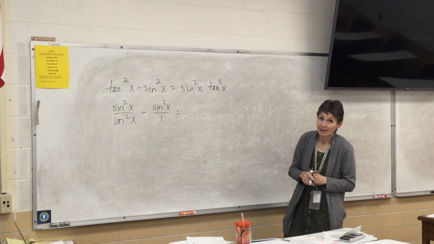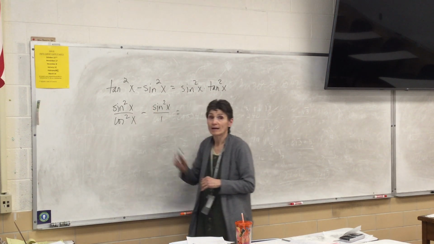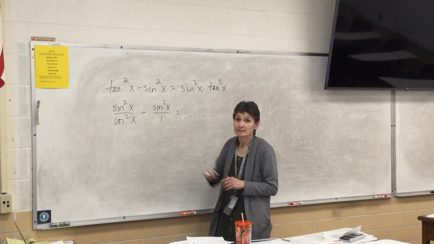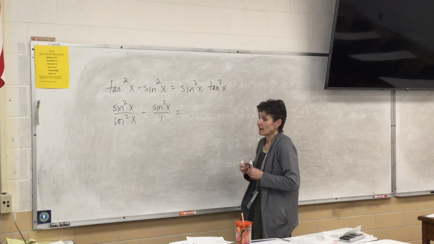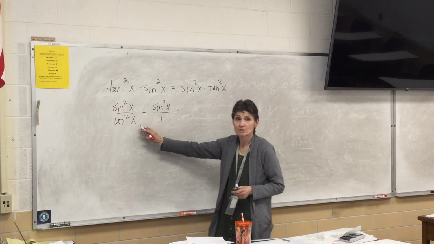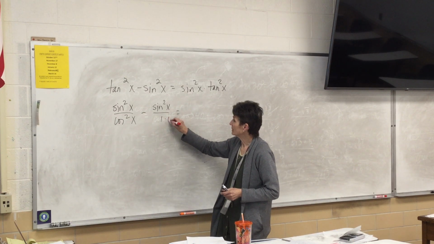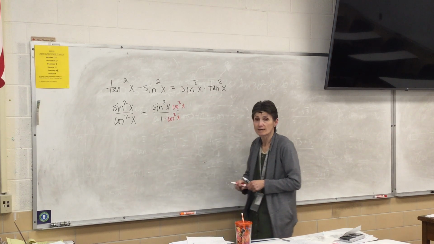Now I have 2 fractions. Since I changed this, I now have 2 fractions being subtracted. So I'm going to get a common denominator. And my common denominator is going to be cosine squared. So this one needs to be multiplied by cosine squared over cosine squared.